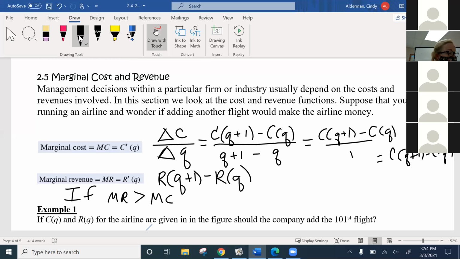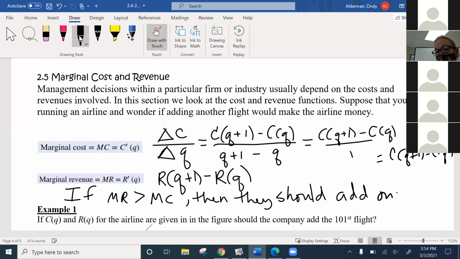But if the marginal revenue is greater than the marginal cost, then yeah, they should add another flight. All right, now let's bring this idea home with a graph.